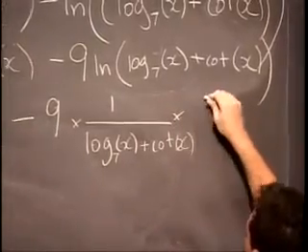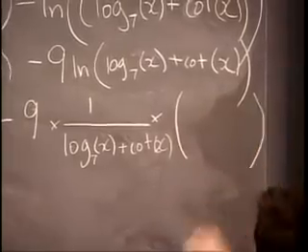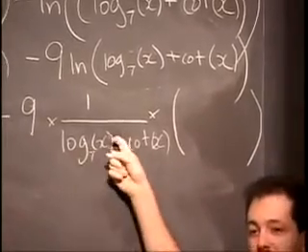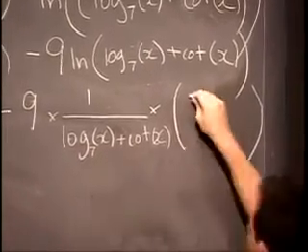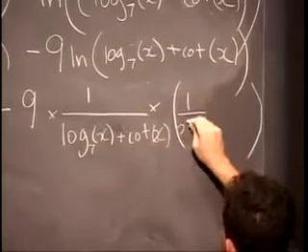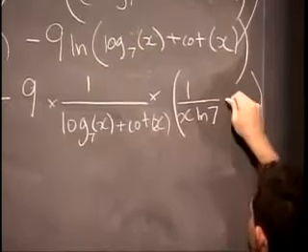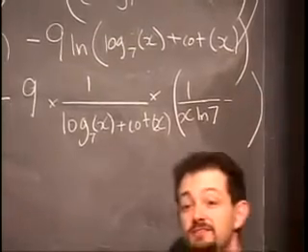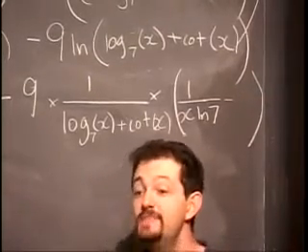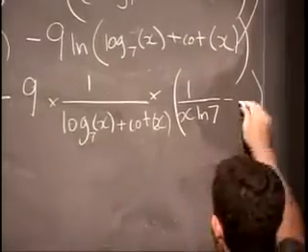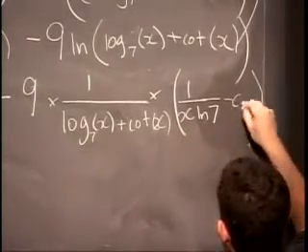And now I just need to multiply by the derivative of that quantity. The derivative of log x base 7 is 1 over x natural log of 7. That's what we did earlier. And the derivative of cotangent is negative cosecant squared. All the co's have negatives.